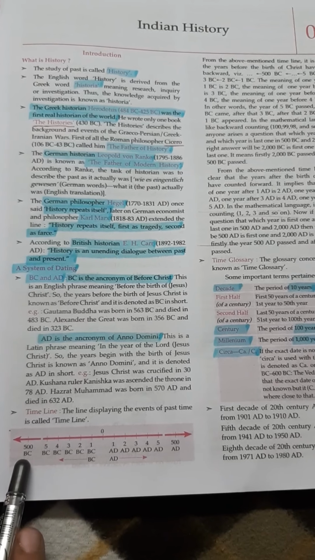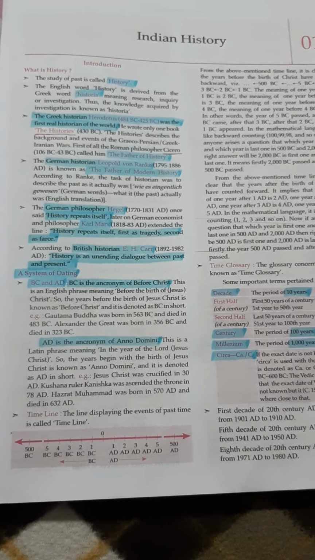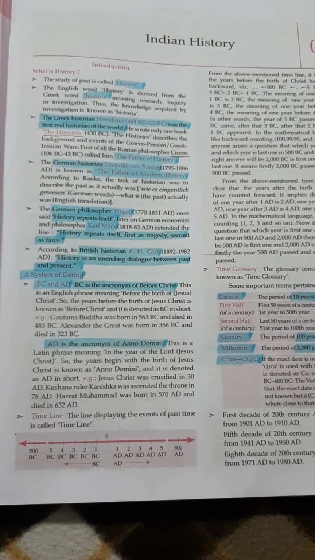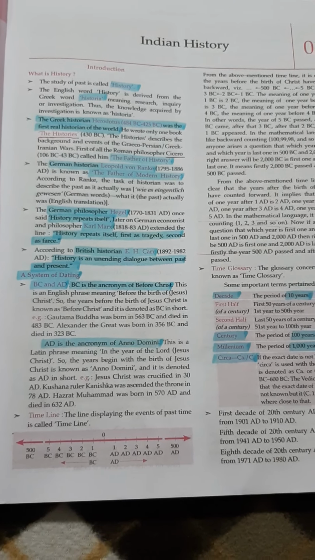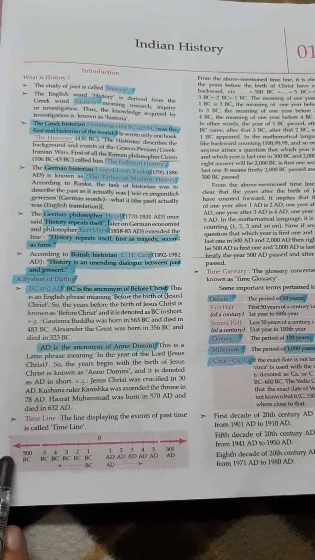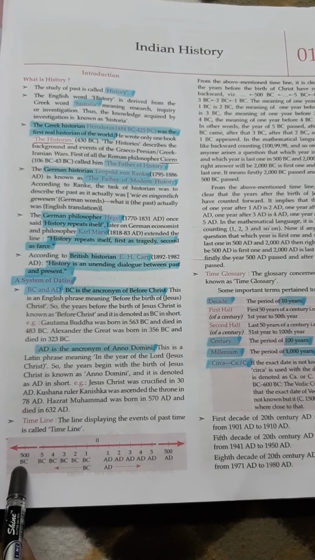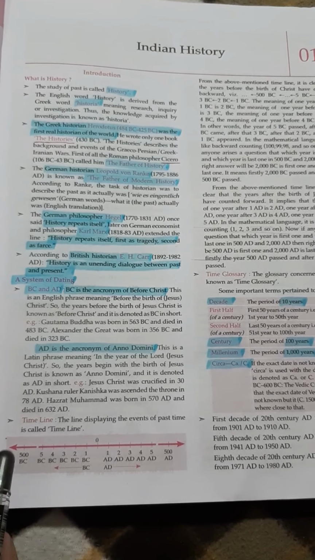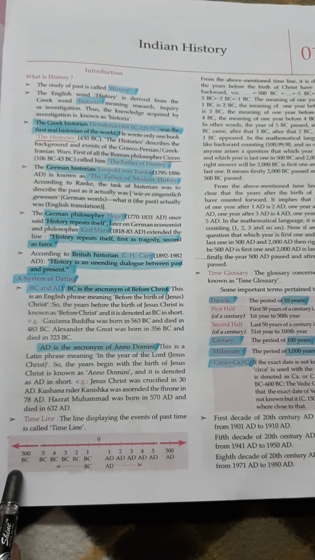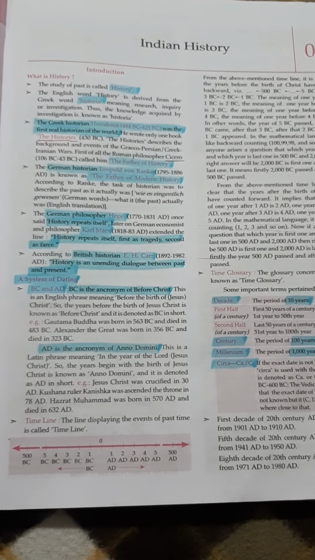Now if I ask you which of these came first, the answer should be, since it is before Christ, I'm not talking about AD, I'm talking about BC. So in BC, 2000 BC will come first, then after so many years of passing, 500 BC will come. So I hope the concept of backward counting is clear to you.